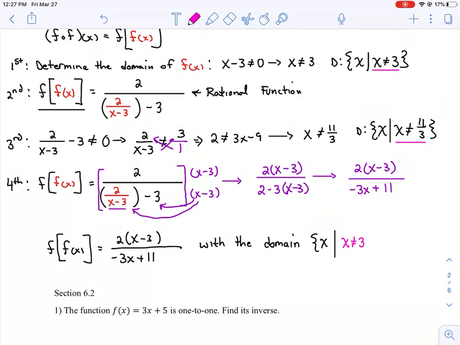So the domain is x such that x cannot equal 3 and x cannot equal 11/3.